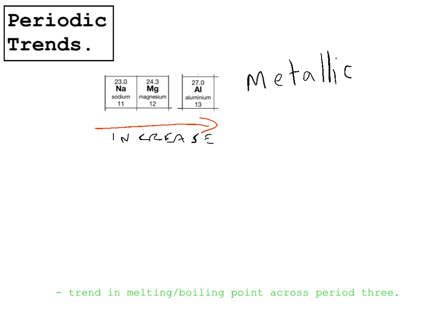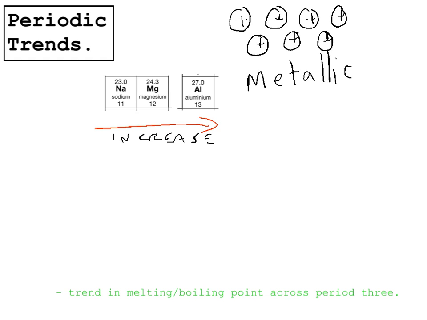So remember that the metallic crystal structure is a lattice of positively charged metal ions that are then surrounded by a sea of delocalized electrons.